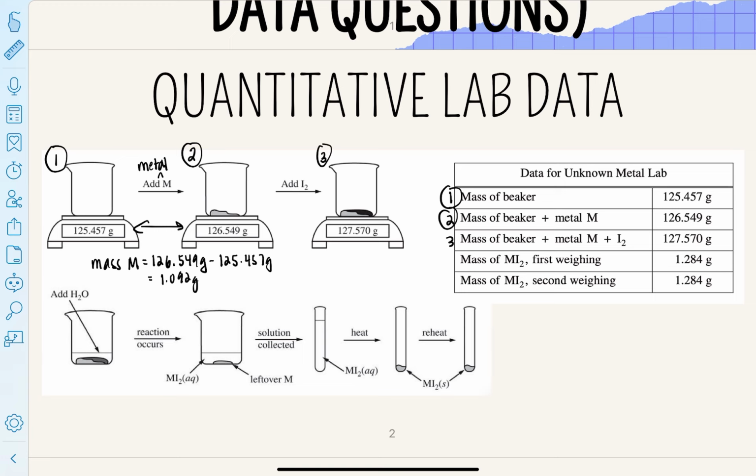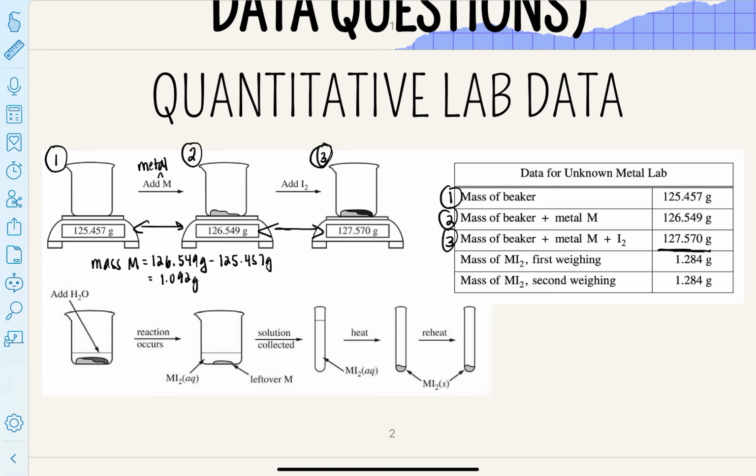Now, in step 3, I've added iodine. Again, it correlates with the data table, because it tells me that the mass of the beaker plus metal plus iodine is 127.570 grams, and that's what's shown in this picture that I've labeled 3. Knowing that, I can derive some information out of this. If I take the difference between this value and the previous mass value, that will tell me how much iodine I have as well.